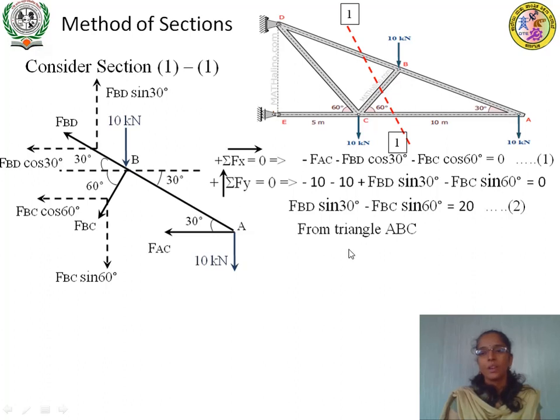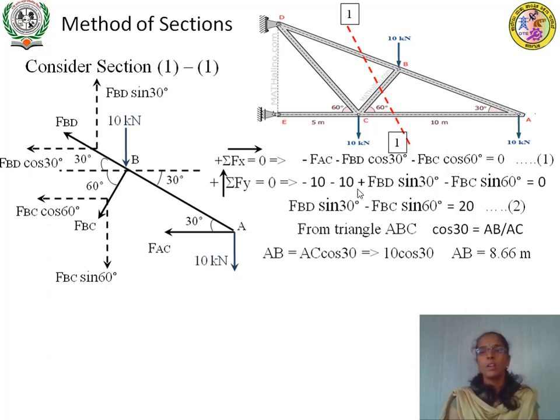AC is the hypotenuse and AB is the adjacent side. Applying cos 30 equals adjacent by hypotenuse, AB by AC. Therefore AB is equal to AC cos 30, that is 10 cos 30, which is equal to 8.66 meters. But we want this perpendicular distance.